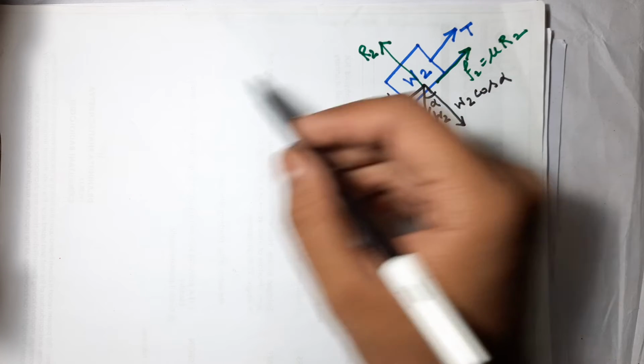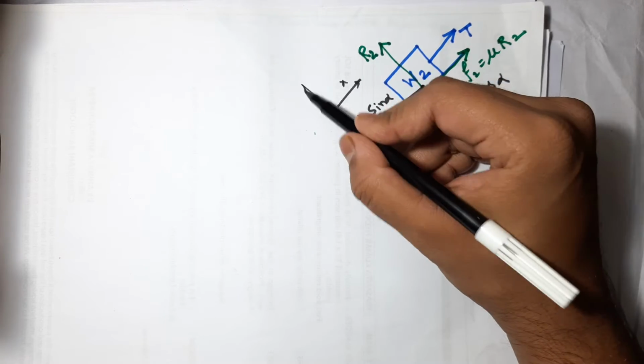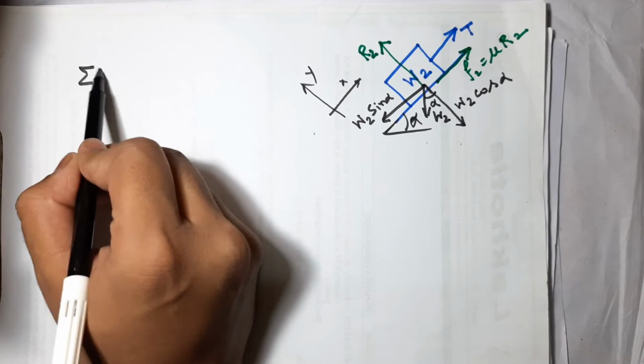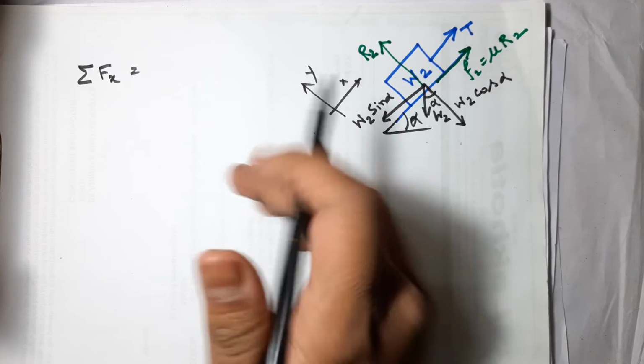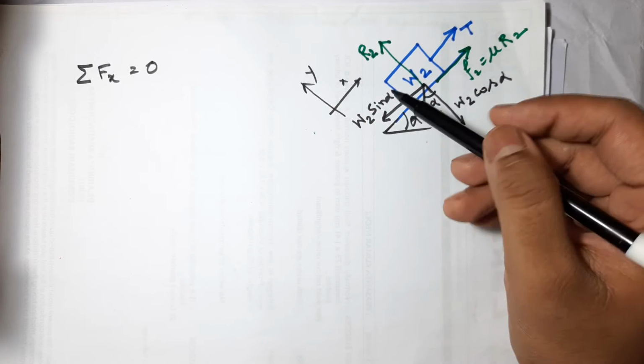Now what is the net force along the x-axis? I am considering this as the x direction and this as the y direction. For equilibrium, the summation of total forces is equal to 0.